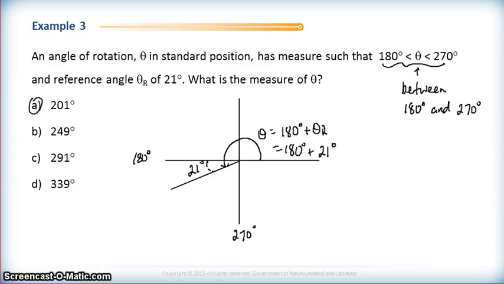Another approach is this: we have a reference angle that has to be 21 degrees. So we could construct a 21 degree angle in our first quadrant, but then use the reflections that we learned about in instructional recording 1C to get us to a terminal arm in the third quadrant.